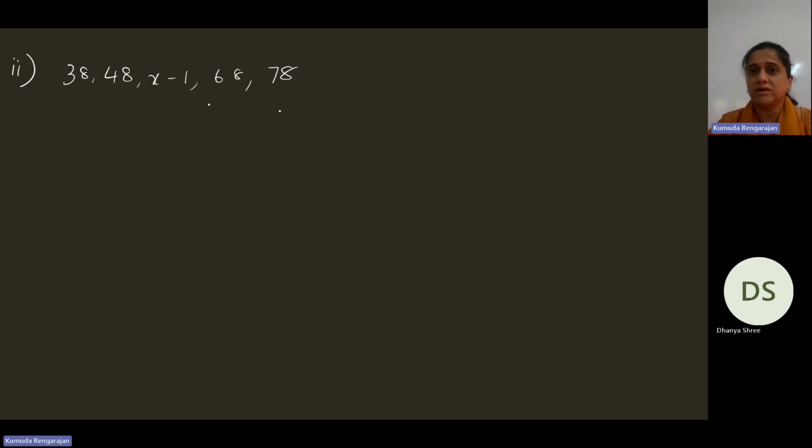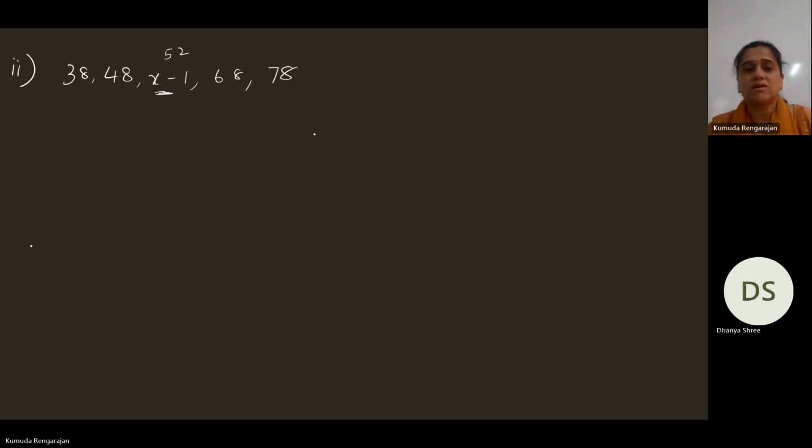So 5 plus 1, 6 by 2, the third observation is the median. This number in the third place should be 52. Then x should be 53.